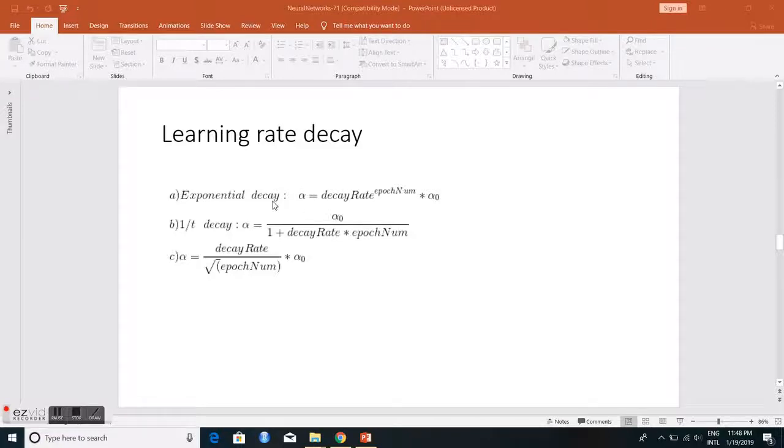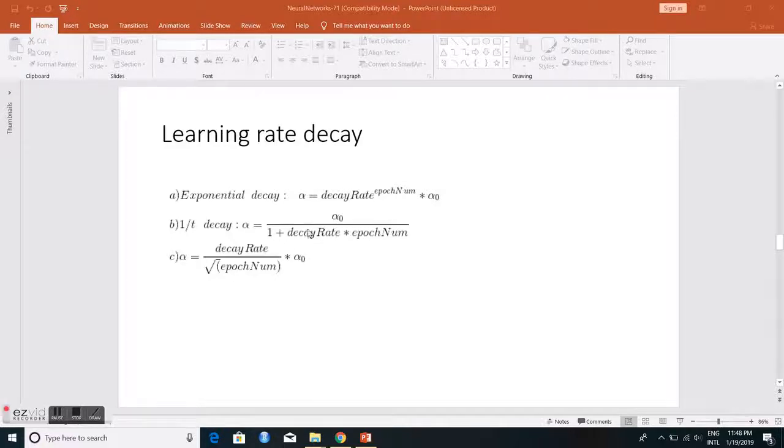Now, the different techniques of implementing this learning rate decay are fairly obvious. The exponential decay is basically alpha equal to decay rate raised to the epoch number, times alpha 0. So you just choose one decay rate, and as you increase the epoch number, this alpha will slowly keep decreasing.